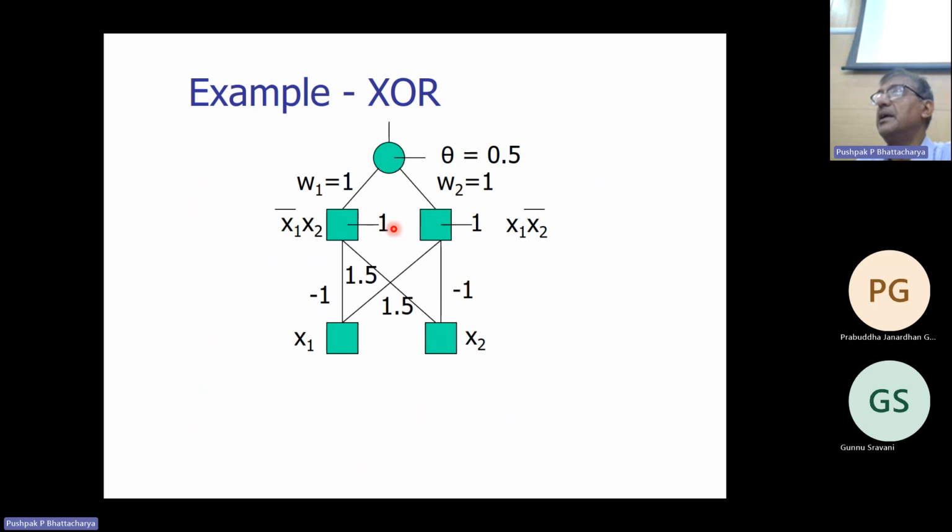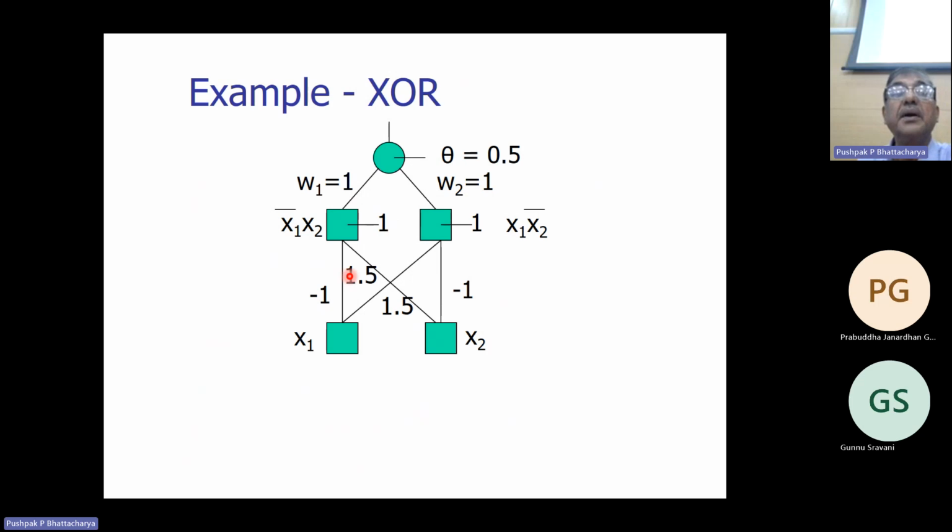When you set up the linear inequalities, you find that it is an inconsistent system of inequalities. When you run the perceptron training algorithm on XOR, you should notice interesting things, which I'm not telling you now. But you should observe the behavior of the perceptron training algorithm on XOR.